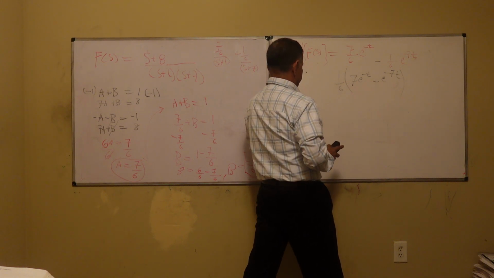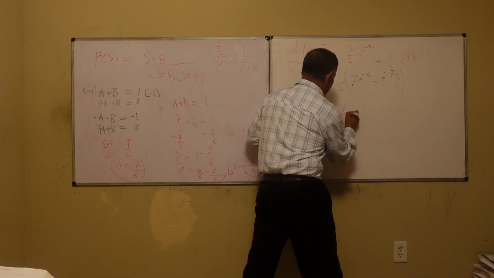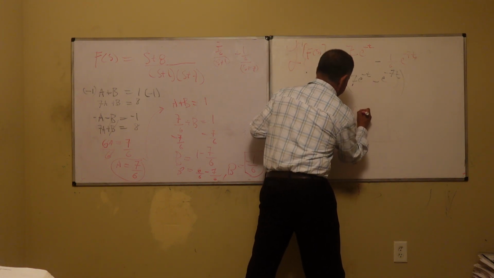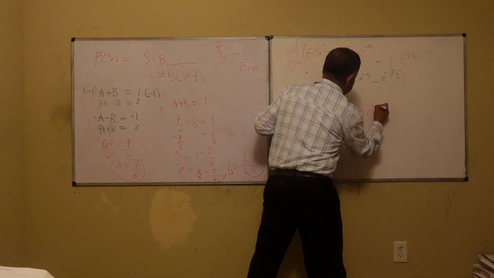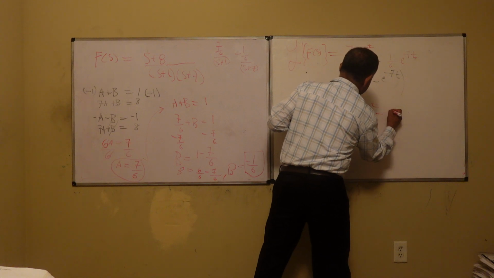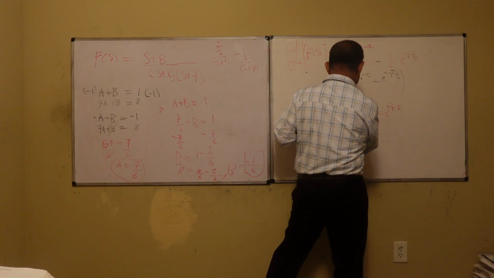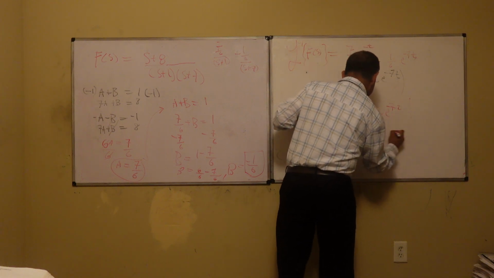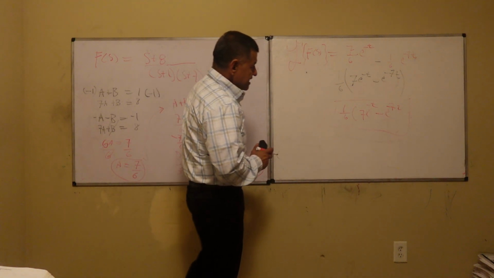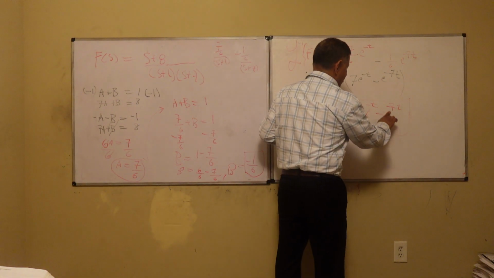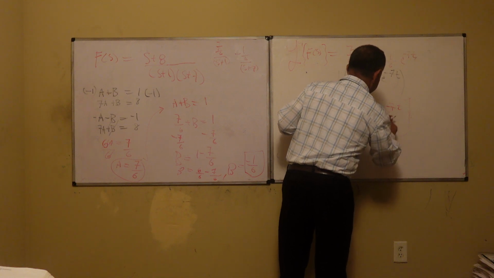So the inverse Laplace transform is 1/6 times 7e to the t minus e to the 7t. That is the inverse Laplace.